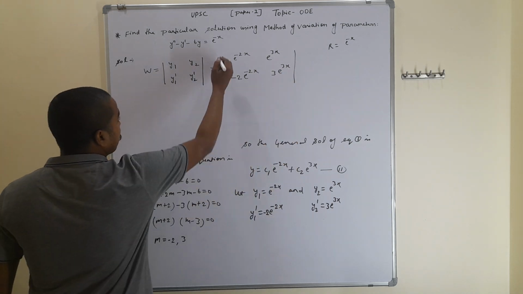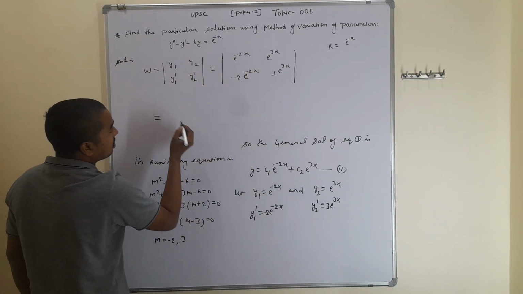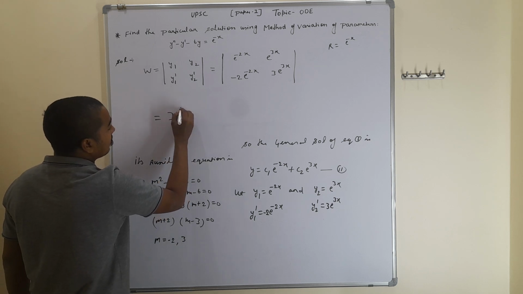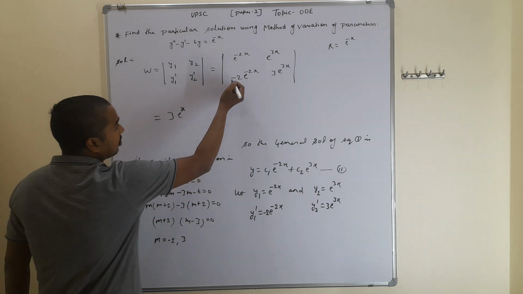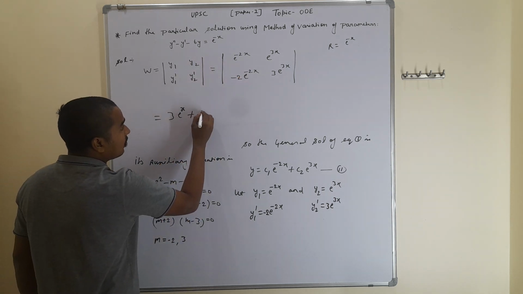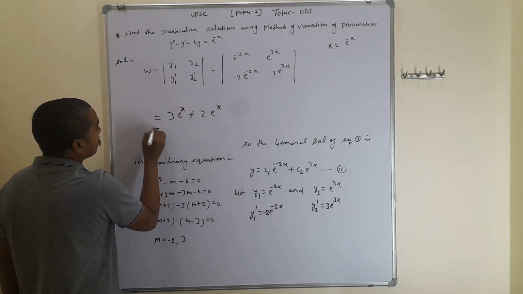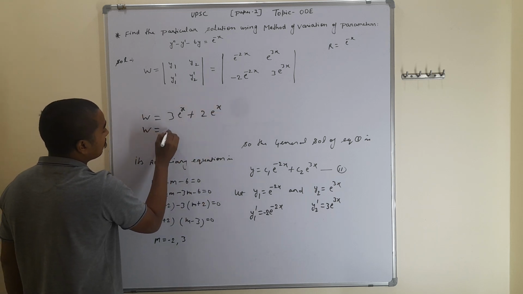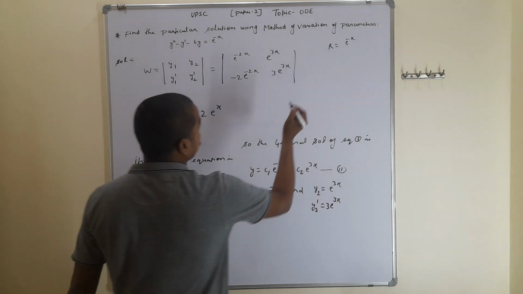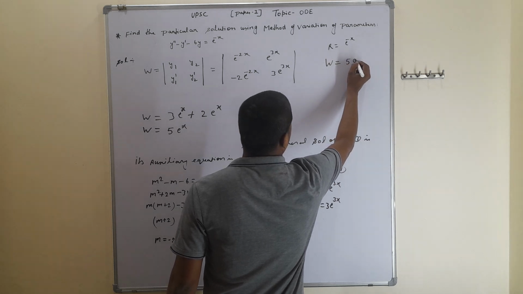On solving given determinant, that is on cross multiplication, that is 3 e to the power x, minus is already present, that is minus minus is plus 2 e to the power x. That is the value of w is 5 e to the power x. We have to write here w is equal to 5 e to the power x.